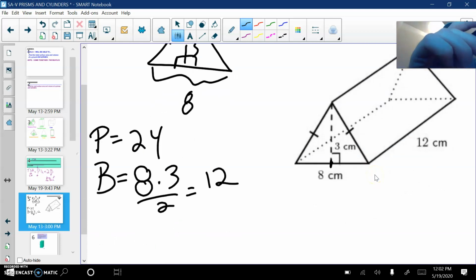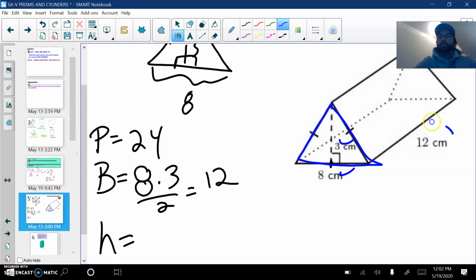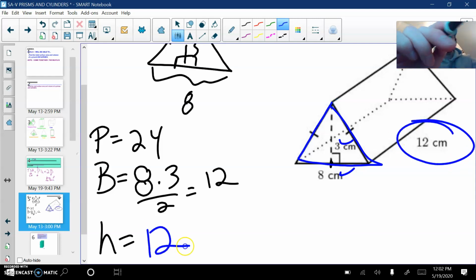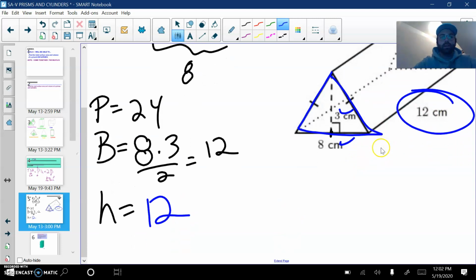The height of my shape is the leftover number. What haven't I used yet? I used all of these sides here. I haven't used the 12. So the height of the shape is 12. It's that leftover number on the outside.